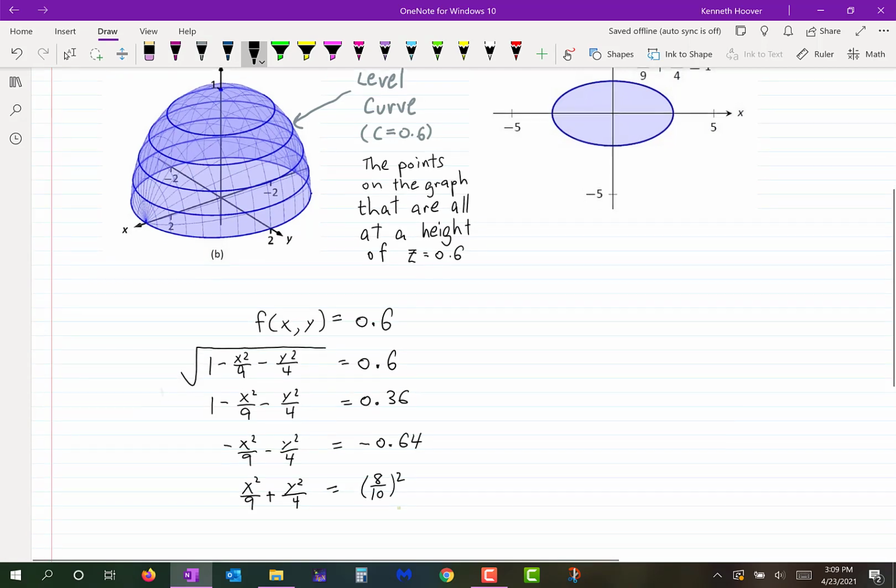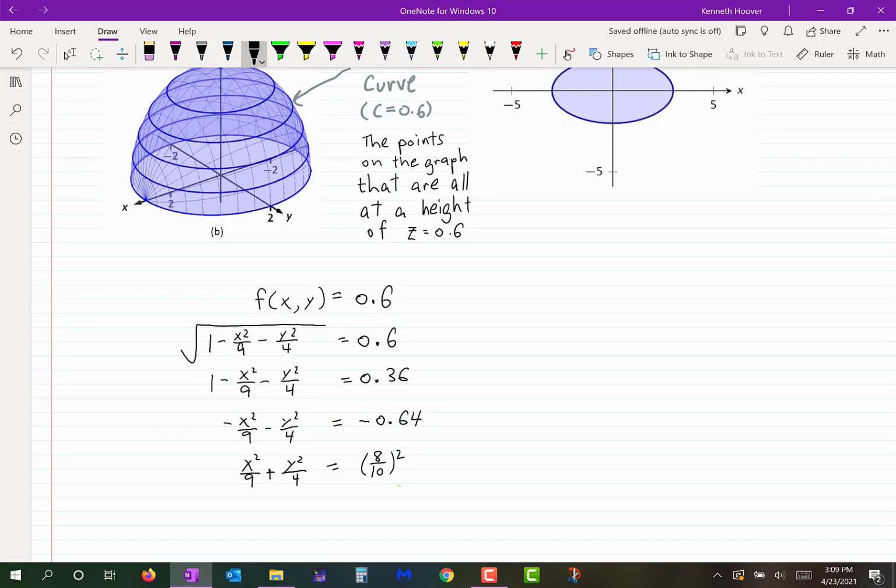So finally, that would give us x squared over (10/24) squared, plus y squared over (10/16) squared, equals 1.